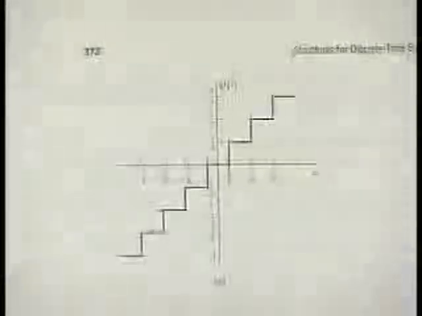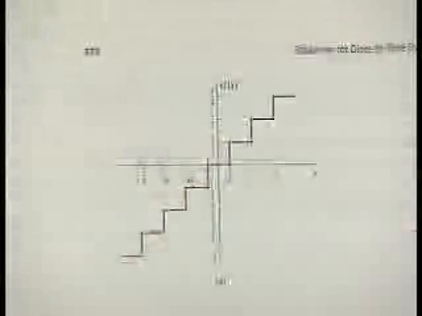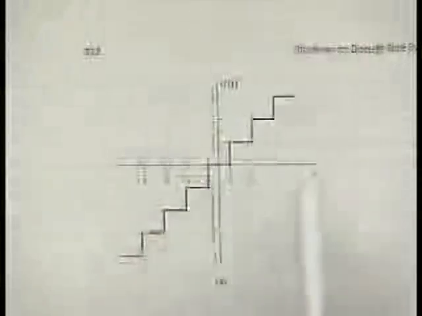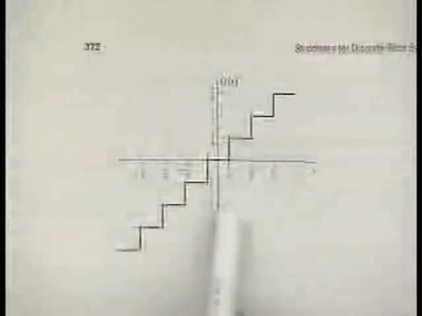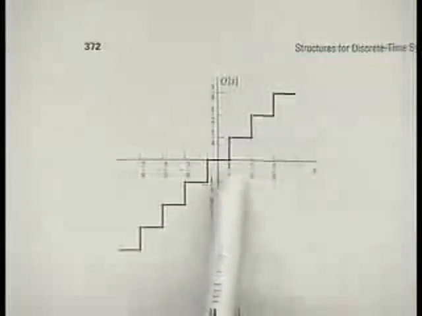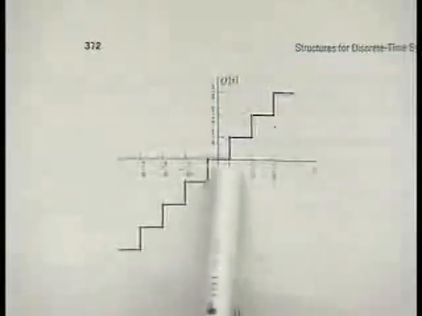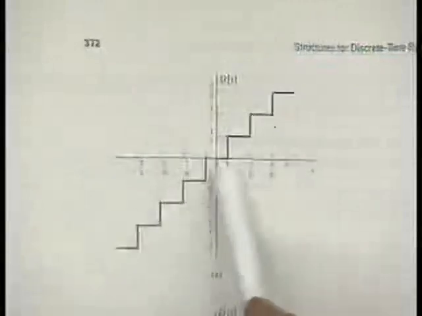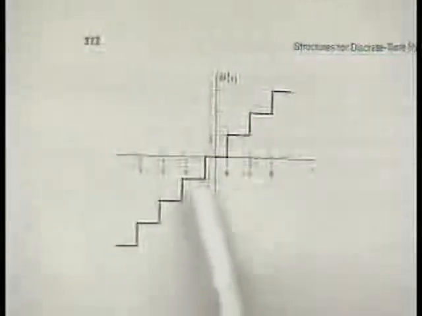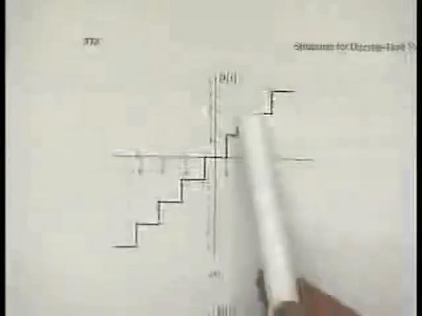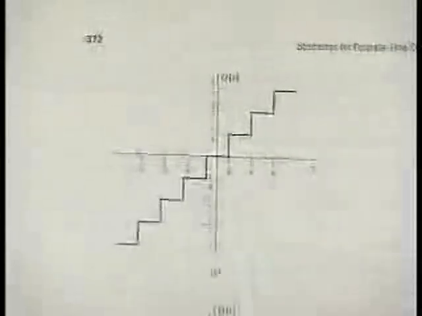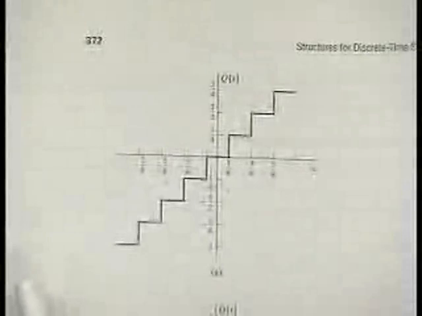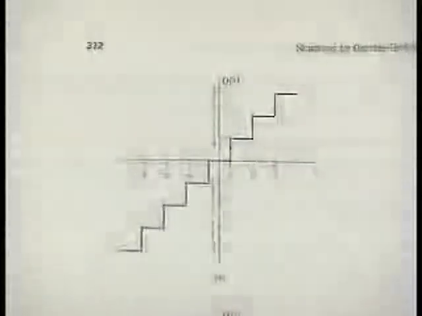This is what you get when you do rounding. All the numbers between plus 1/8 and minus 1/8 are rounded to 0. Between 1/8 and 3/8 are rounded to 1/4, and the same thing with the negative. 3/8 and 5/8 to 1/2, and 5/8 to, I think, 7/8 are rounded to 3/4.